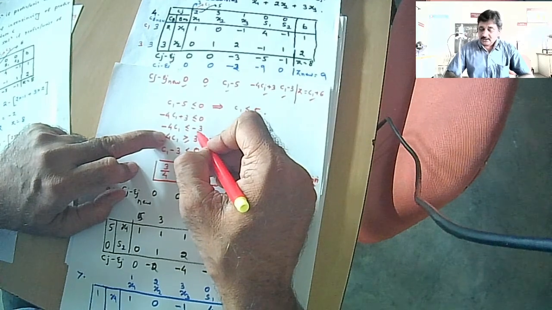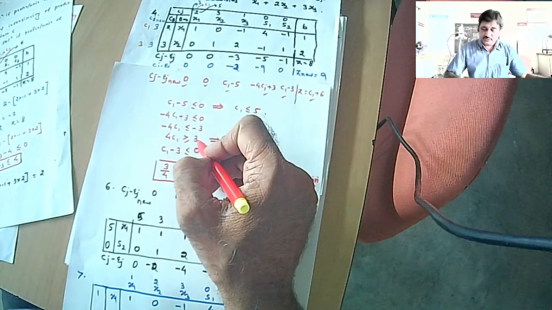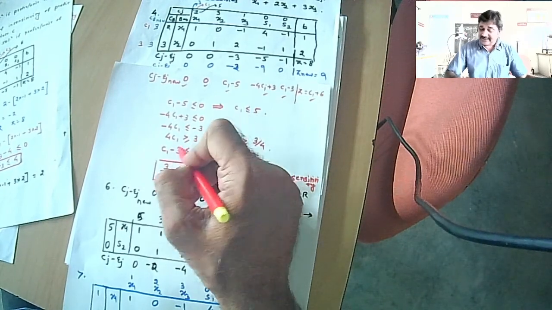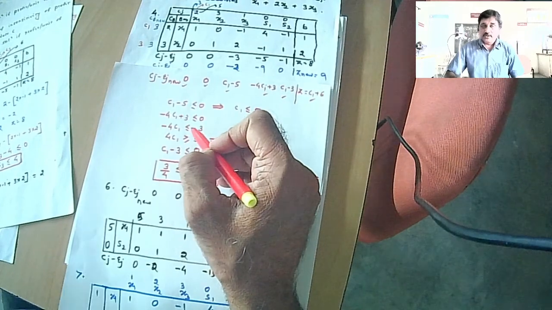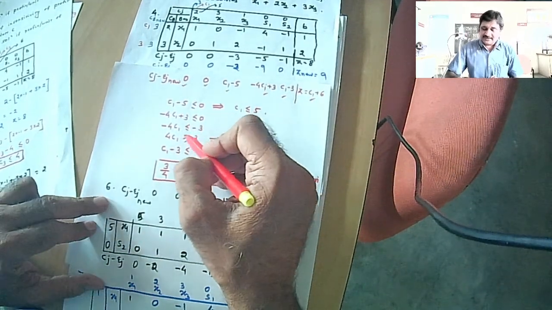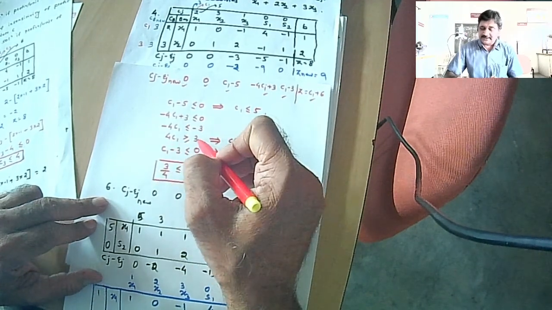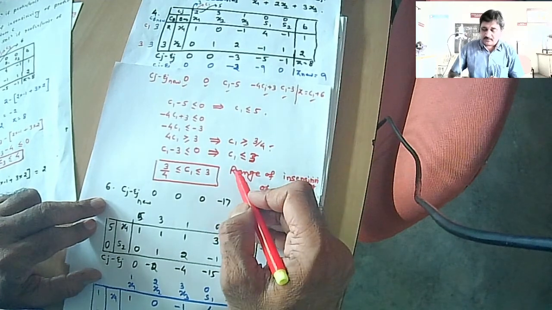And therefore, as soon as I change the sign on both sides, the inequality sign will also reverse. Less than will turn to greater than. 4C1 greater than equal to 3, that means C1 should be greater than equal to 3 by 4.